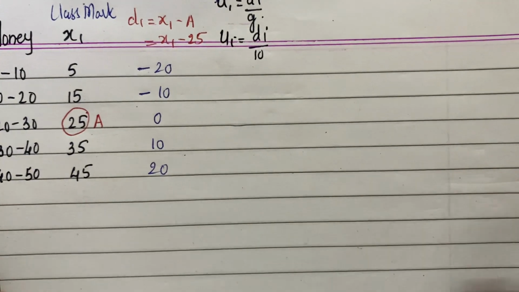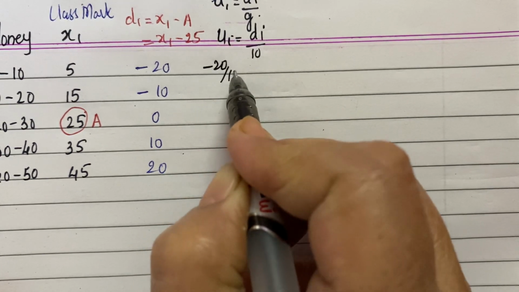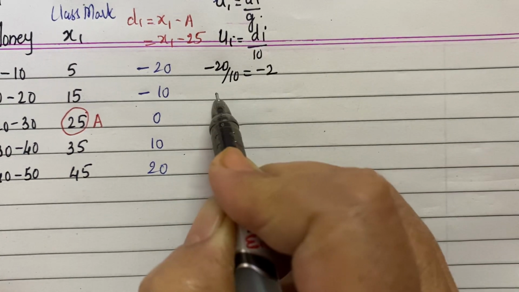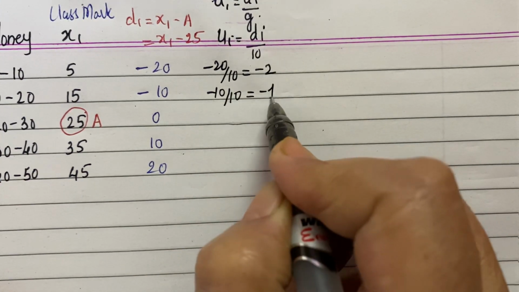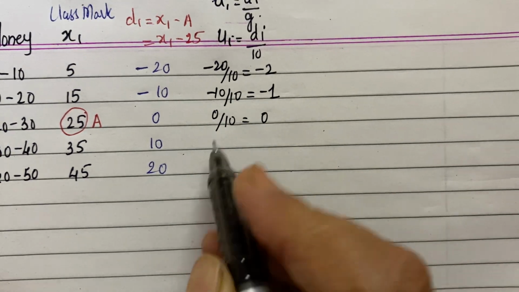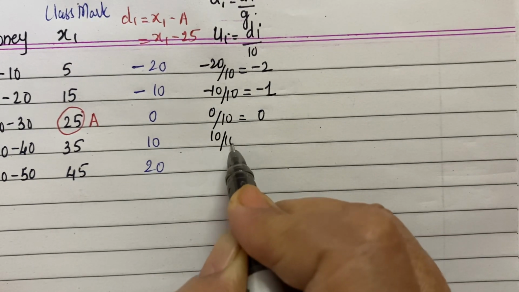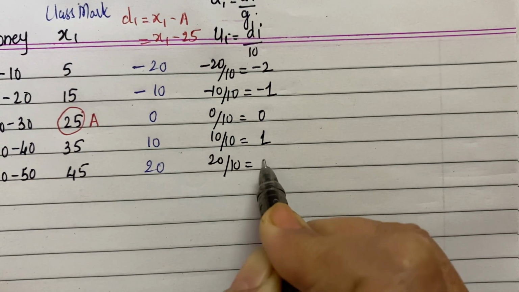That will give you minus 20 upon 10, which is equal to minus 2, minus 10 upon 10, which is equal to minus 1, 0 upon 10 is equal to 0, 10 upon 10 is 1 and 20 upon 10 will be 2.